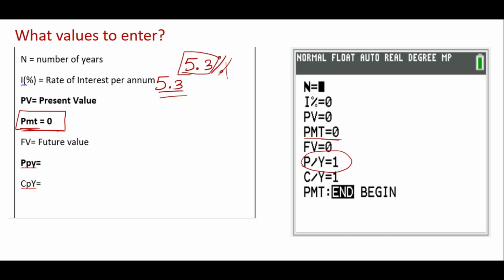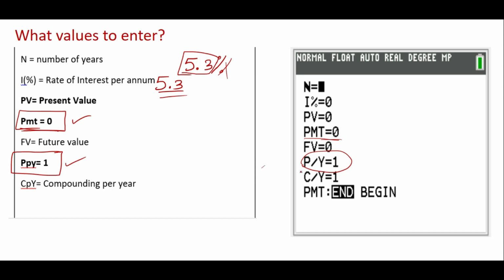So you set P/Y as 1, and this is going to be a fixed thing. Always remember, for compound interest calculation, PMT is 0 and P/Y, payments per year, is set to 1. You have to memorize this.